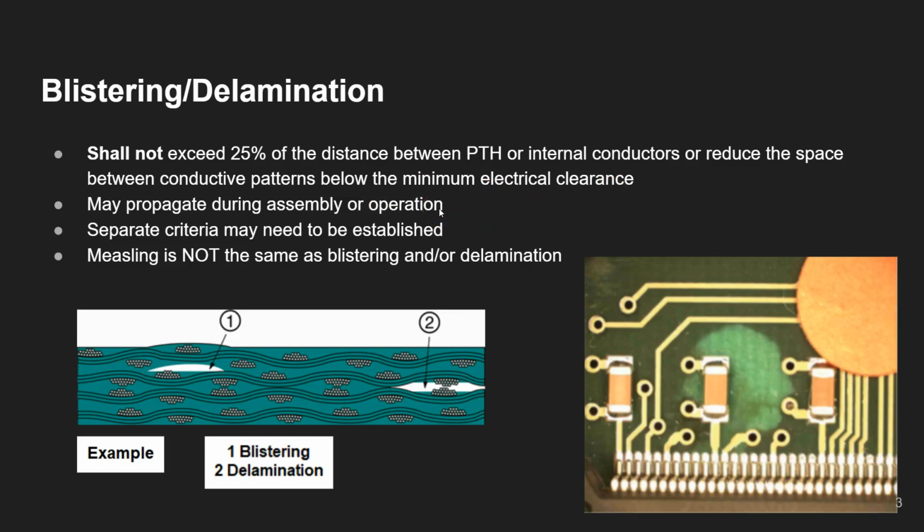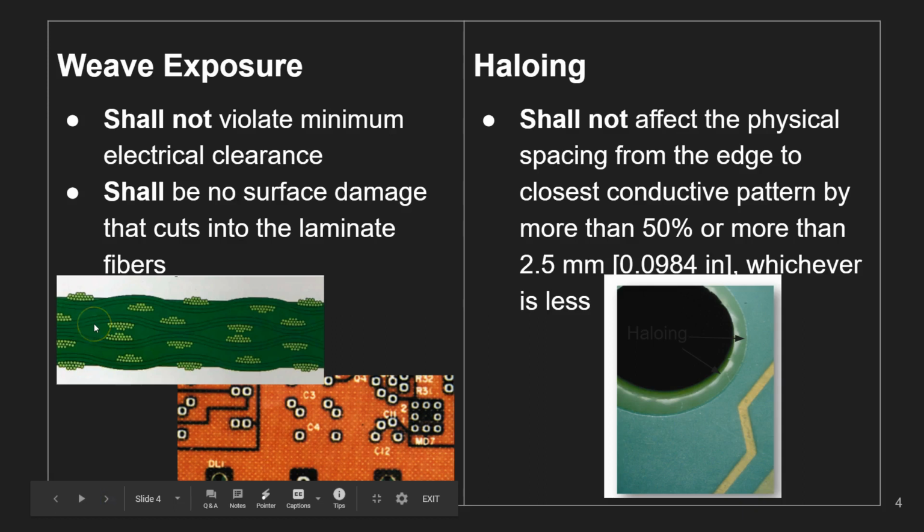And they may propagate during assembly or operation. Separate criteria may need to be established. Measling is not the same as blisters or delamination. So this measling we will study in the coming slide, and then you will be able to know the difference between these two. So now I'll move on to the next slide.